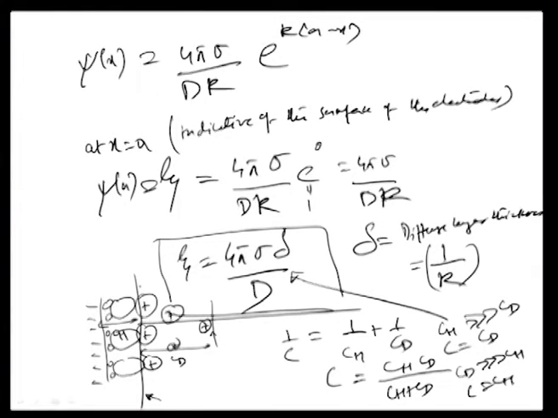So, this particular model is known as the Helmholtz model, and the one with predominance of the diffuse layer capacitance is known as the Gouy-Chapman model, when you talk about the capacitance modeling of a diffuse double layer with respect to any surface or any solution.